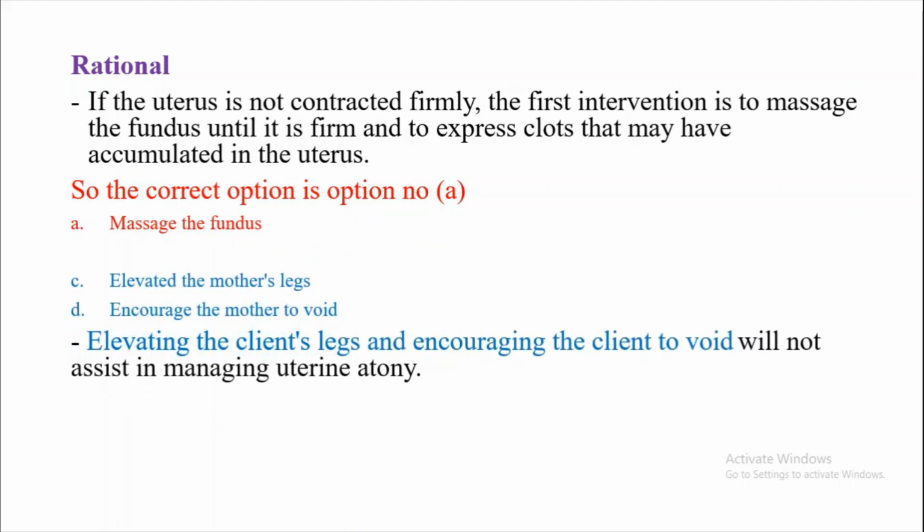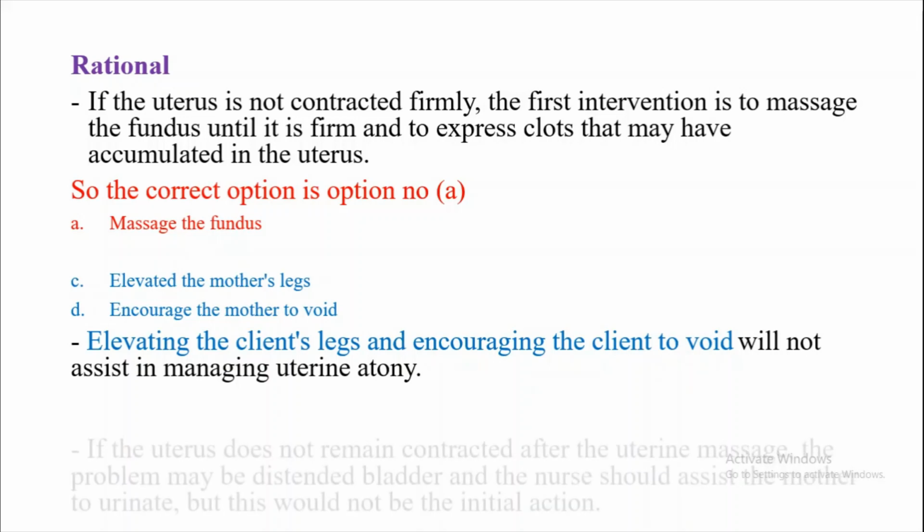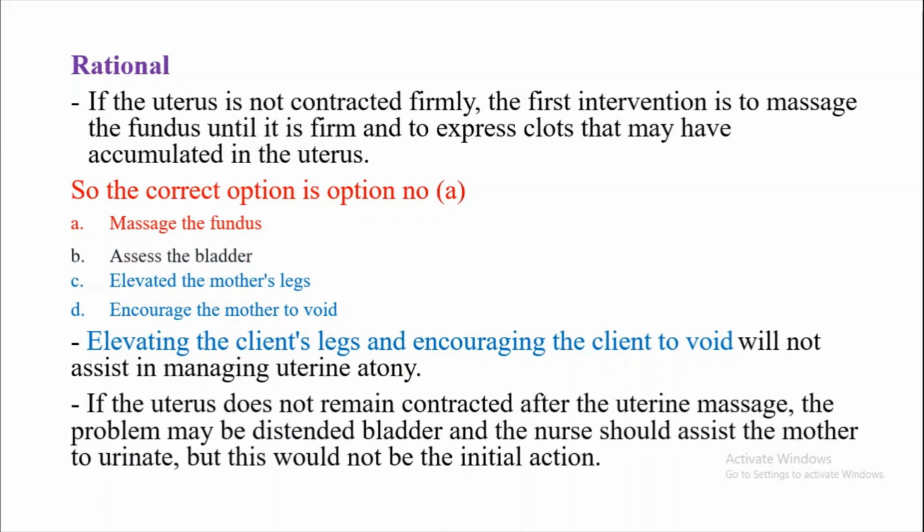Elevating the client's legs and encouraging the client to void will not assist in managing uterine atony. And if the uterus does not remain contracted after the uterine massage, the problem may be a distended bladder, and the nurse should assist the mother to urinate, but this will not be the initial action.